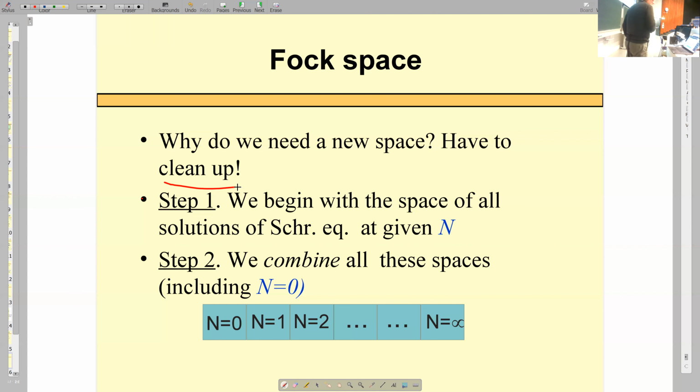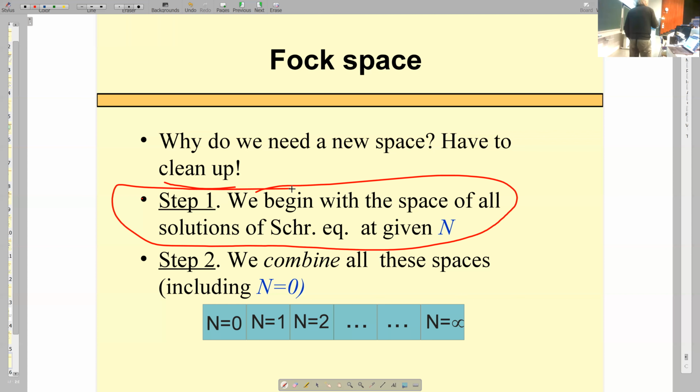There are several steps to do, and we begin with a space of all solutions of Schrödinger equation at a given n. If we just follow what I did several transparencies before, I would have to get busy with reduction, with throwing away the states.